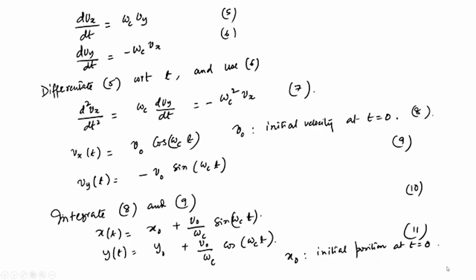Now, if you look at equations 10 and 11 and square them up, they will have a sine square and a cosine square with the same coefficients, which will give rise to 1. So, it will give rise to an equation of a circle, where x square plus y square gives you an equation of a circle.